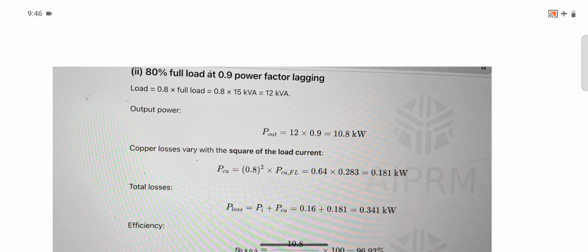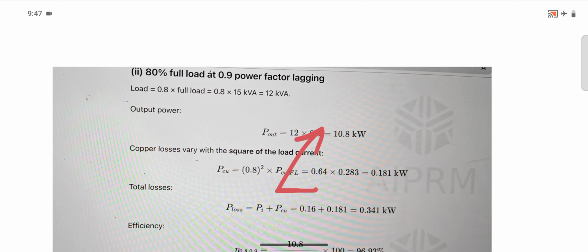Now we have to calculate copper loss. The formula for copper loss is I square R, and at full load we have already calculated PCU at full load in the above question.